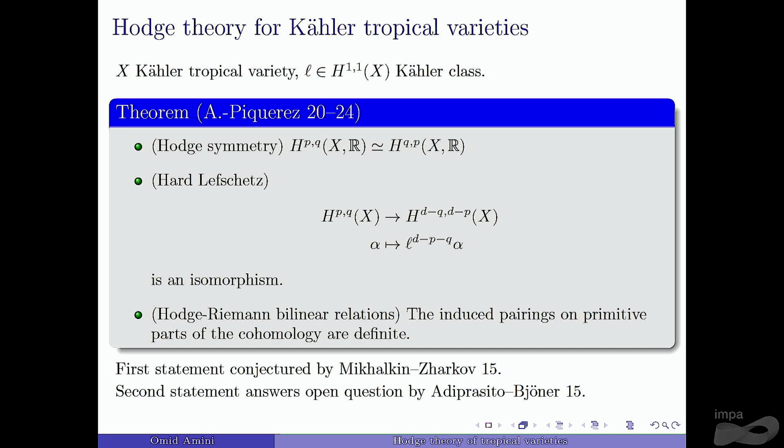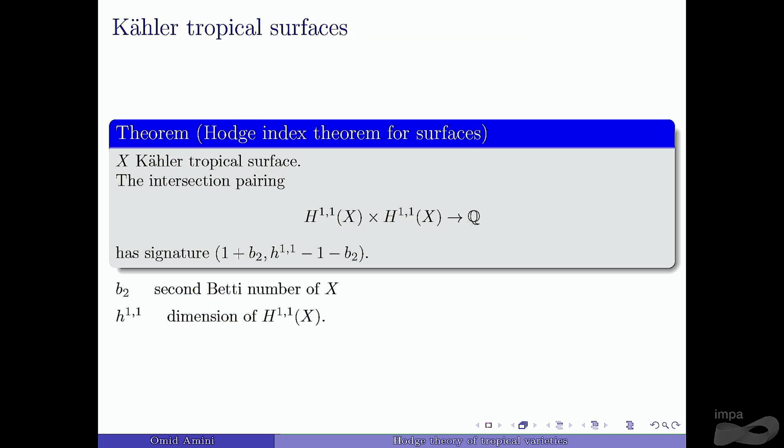Okay, I finished by telling you that tropical varieties of dimension 1 correspond to Riemann surfaces. In dimension 2, you get the Hodge index theorem out of this for tropical surfaces. So if you look at the H^{1,1} of a tropical surface, which is Kähler, then you can describe the index of the intersection product.